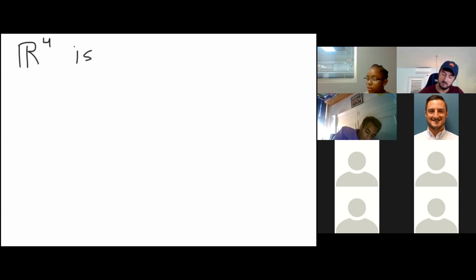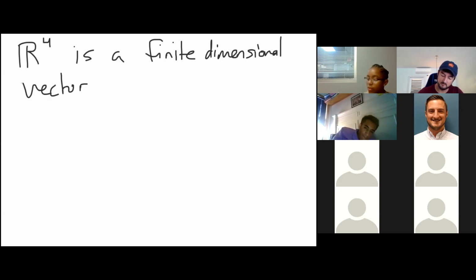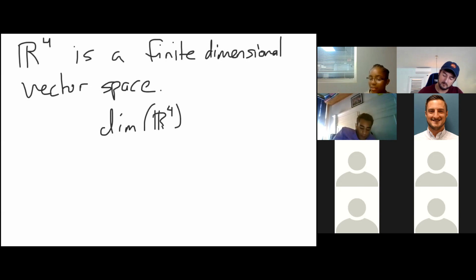R4 is a finite dimensional vector space. Right? Because the dimension of R4 is what? 4.